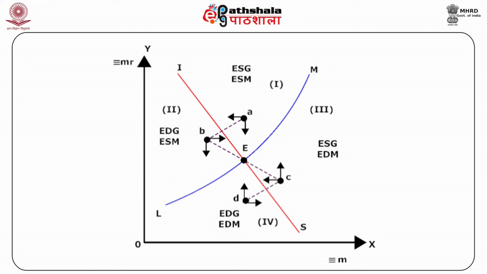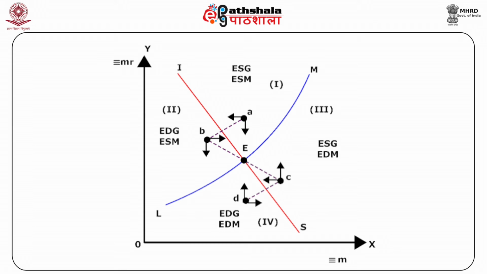If we consider the money market, then the arrows would be going downwards or upwards, because the point of disequilibrium would either be above the LM function or below the LM function.